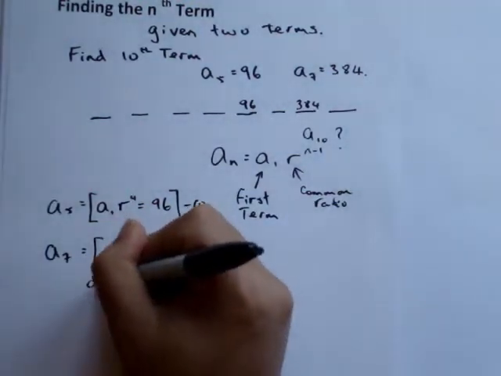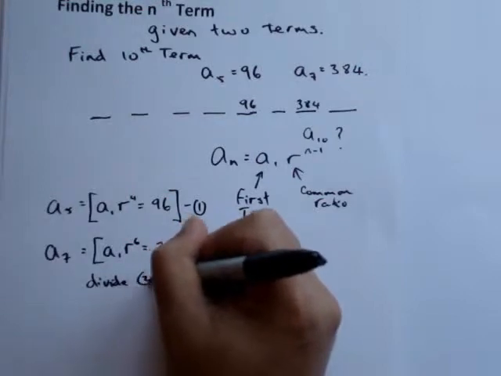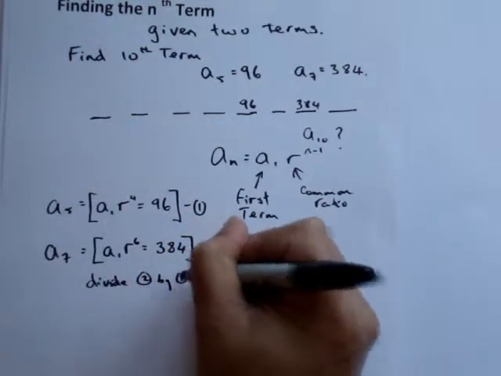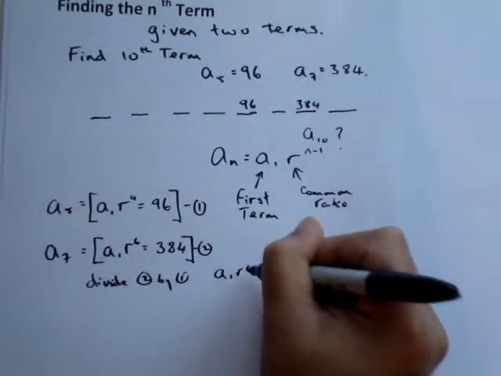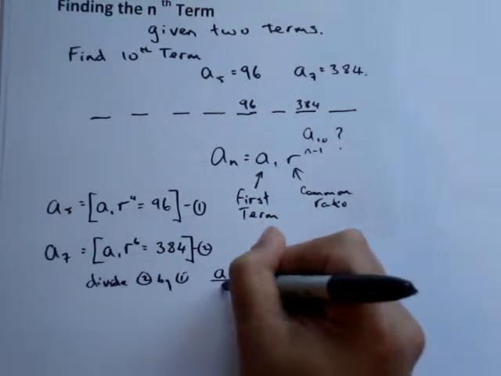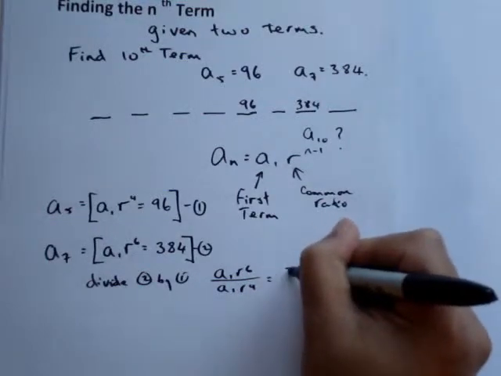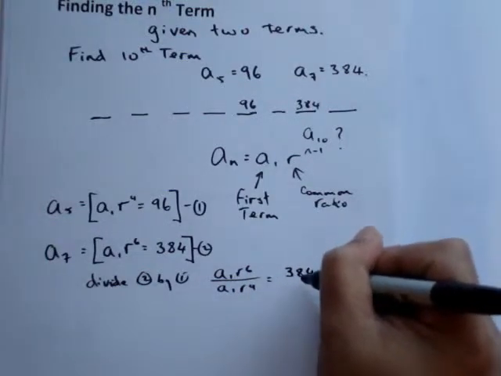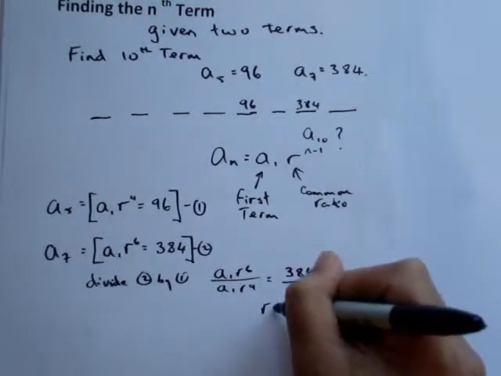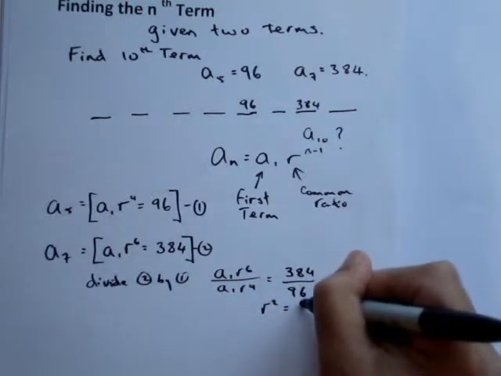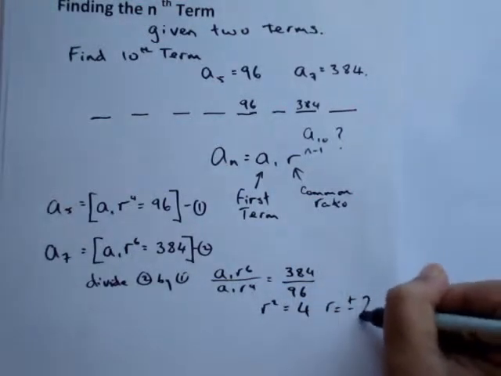Now divide 2 by 1, and we get a1 r to the 6 over a1 r to the 4 equals 384 over 96. So our r squared equals 4, r equals plus or minus 2.